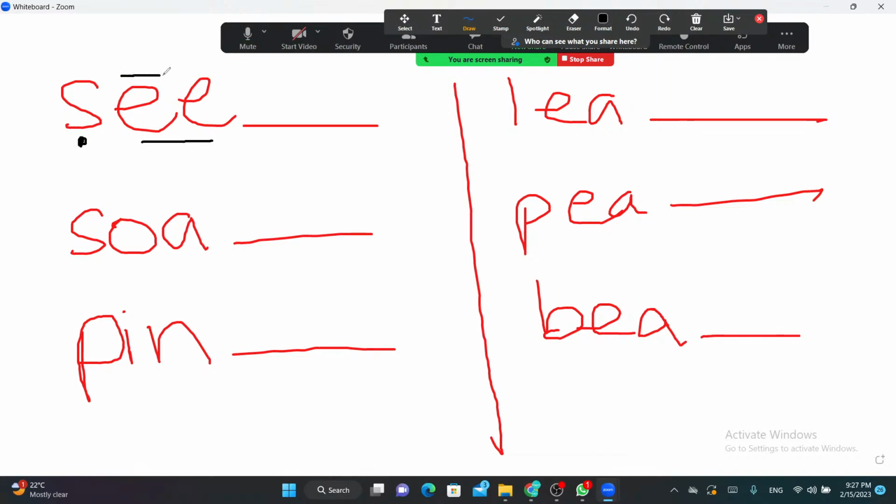It's a long e. So you will write kicking k, because we can write ck only after a single short vowel. Oak. Is it a short or long vowel? Long. So here kicking k will come. The word is p, i, n, k, pink. Do we have a short vowel here or something else?